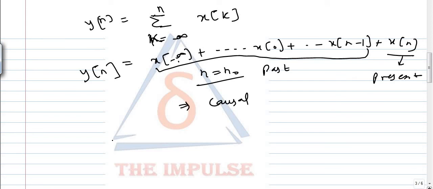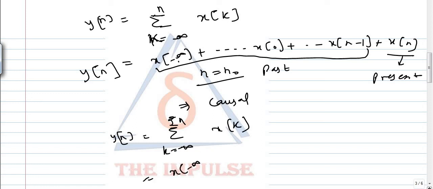Now moving to the last question, this is y[n] equals the summation of x[k], where k moves from minus infinity to 2n. So here we can write x of minus infinity, up to x of 0, up to x of n, plus x of 2n.